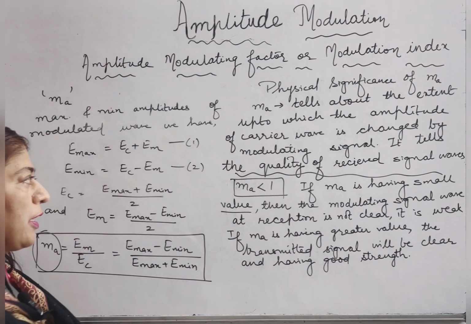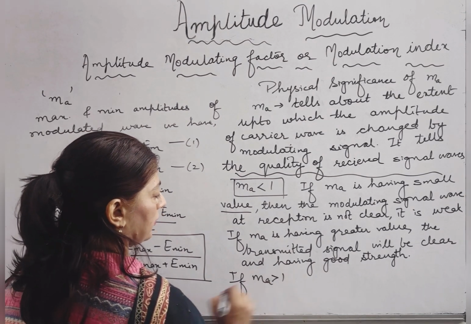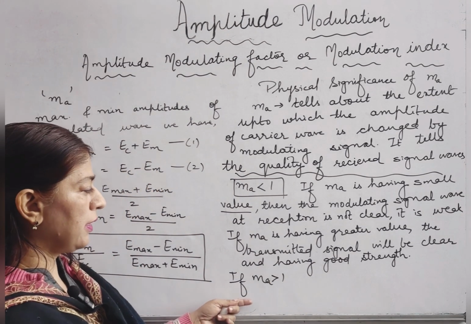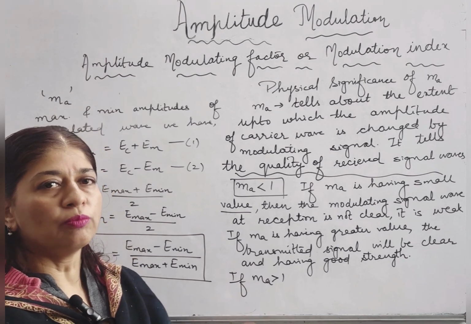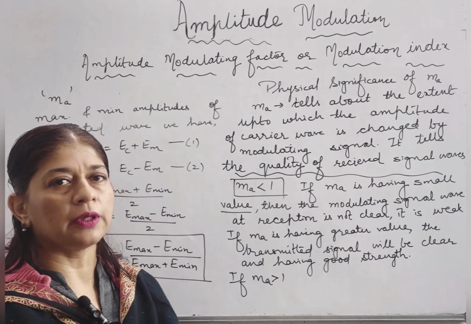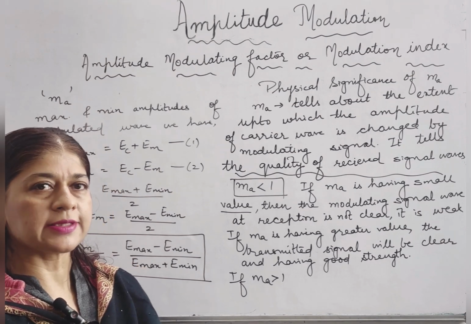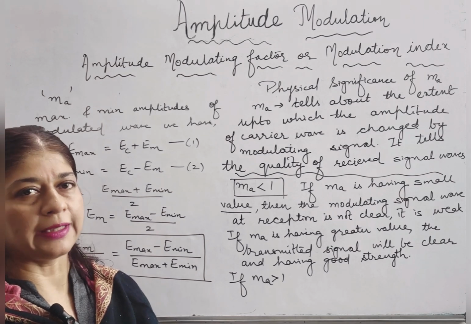In some cases, if MA is greater than 1, it means there is not proper modulation. Rather, there is over modulation of the carrier wave, and hence at reception that signal wave won't be received clearly.